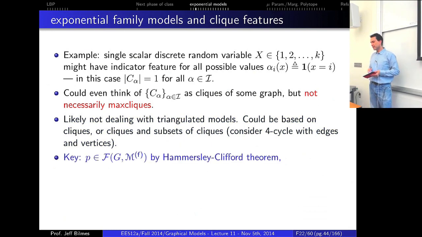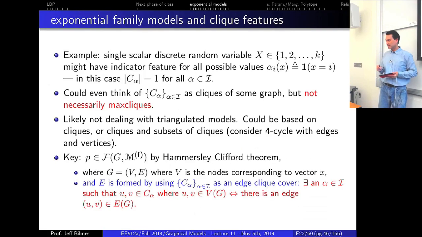The key thing, again, is that by this factorization theorem, which we've only implicitly defined, the Hammersley-Clifford theorem, you have a guarantee that P lives in the family of the graph and the Markov random field according to factorization, where this is the graph.